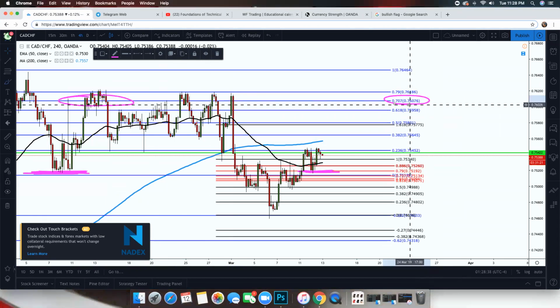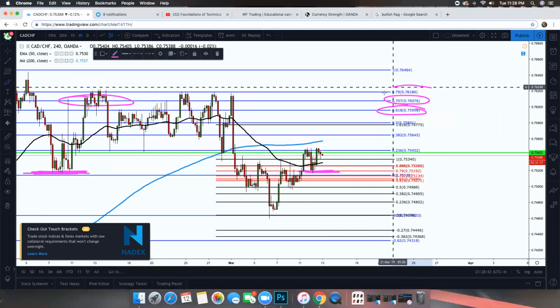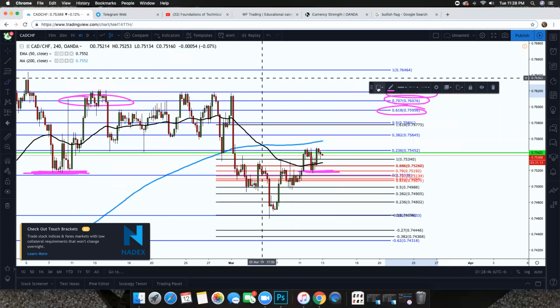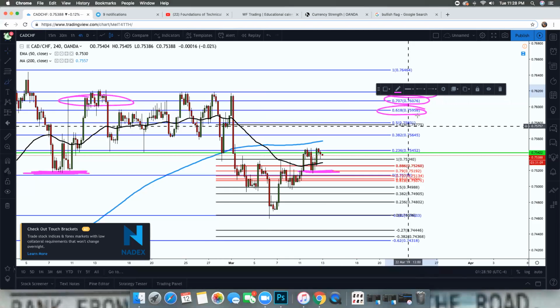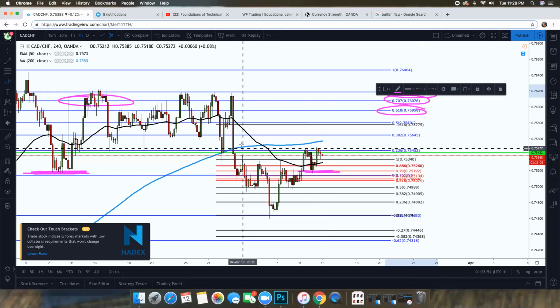If you guys know how to use fibs, you know the 618 and all of your levels are very important for TPs: your 786, your 707, and your 618. So definitely we could be seeing buys.